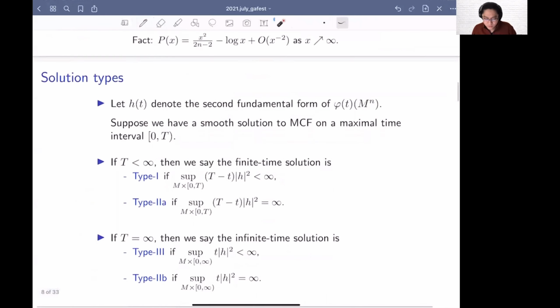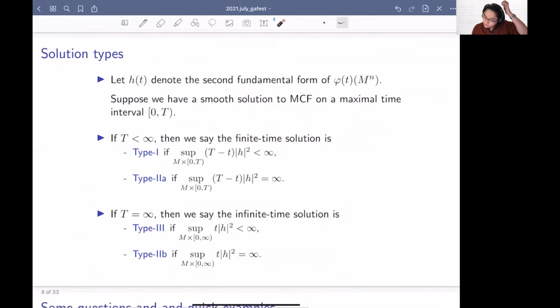Now, in terms of these solutions, how do we sort of understand them? Well, if we try to keep track of how the geometric quantities of the hypersurface, for example the second fundamental form, evolve under the mean curvature flow, then we realize the following.